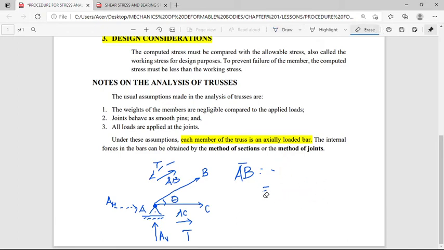So, bakit daw sila nag-a-act at the joints? Kasi kung titignan mo mabuti or kung pag-aaralan mo mabuti bilang estudyante and bilang engineer na rin, consider yourselves already as an engineer. Tignan mo yung mga trusses natin. Saan ba sila nagkakadikit-dikit or nagkakatugon-tugon?